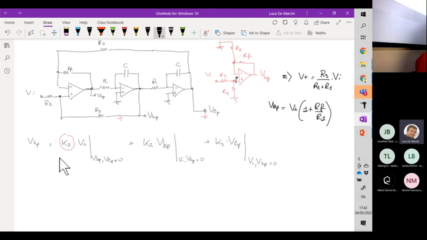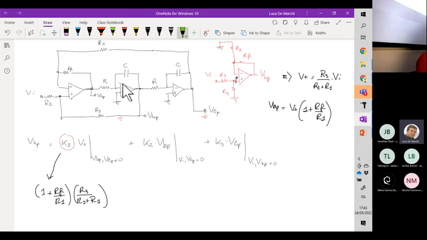The bottom line is that K1 is the multiplication of this factor times this one. So 1 plus RF over R1 times R3 over R2 plus R3.